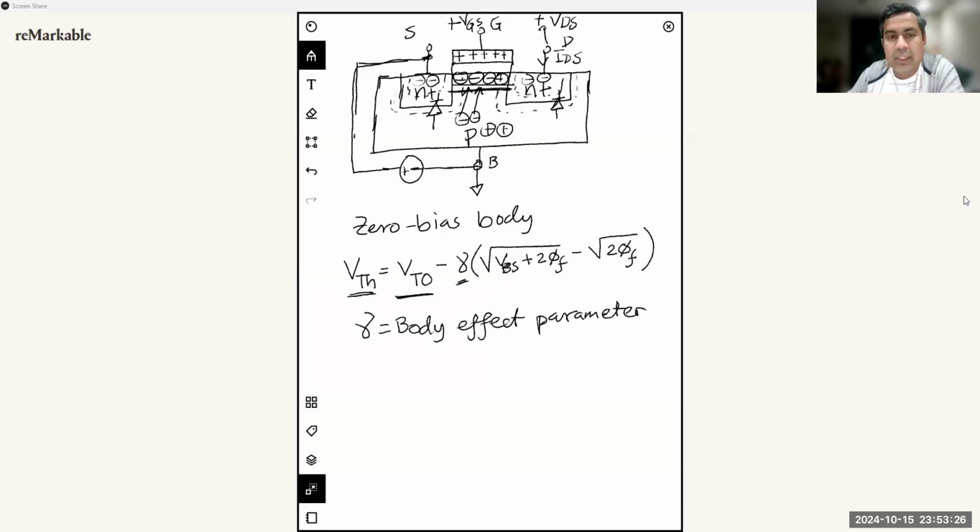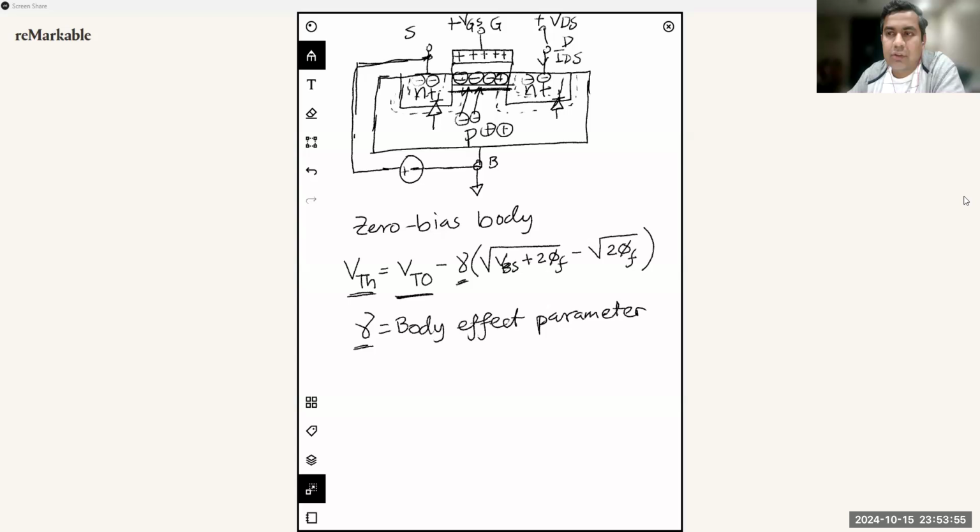So anyway, that's basically our overall 3 regions of operation: the cutoff, the linear region, and then the saturation region. And those are also the parameters. We just discussed Kn prime, which is the transconductance parameter, then lambda, which is the channel length modulation parameter, and now gamma, which is the body effect parameter.